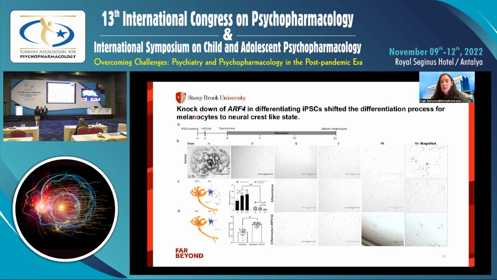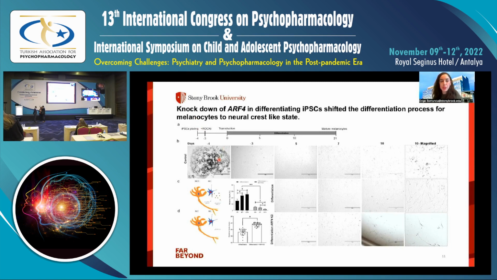Let's get the iPS, induced pluripotent stem cells, and then start the differentiation from there in control cells, along with the mutant cells, where we created ARF4 shRNAs to knock down the ARF4 expression.